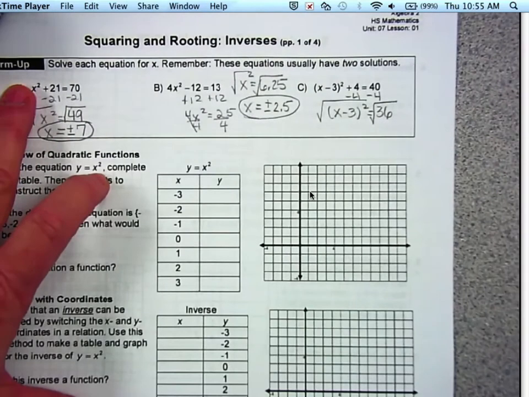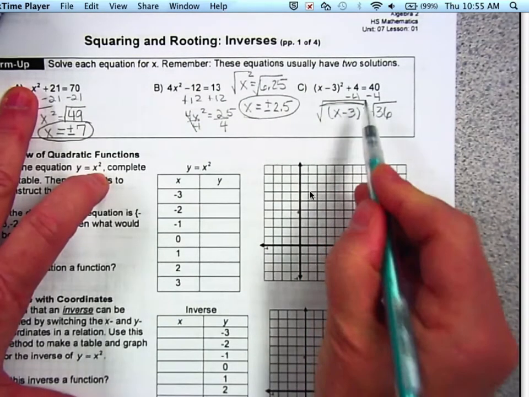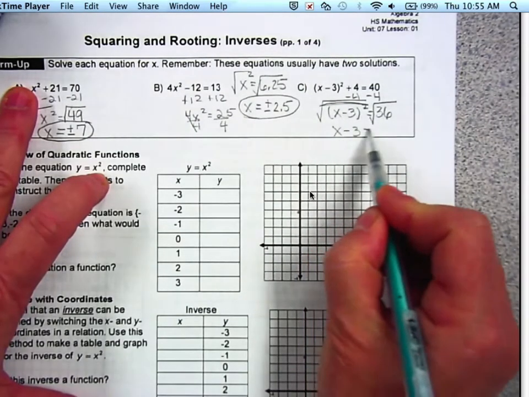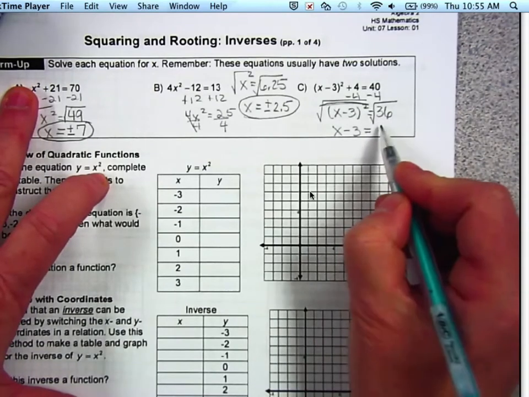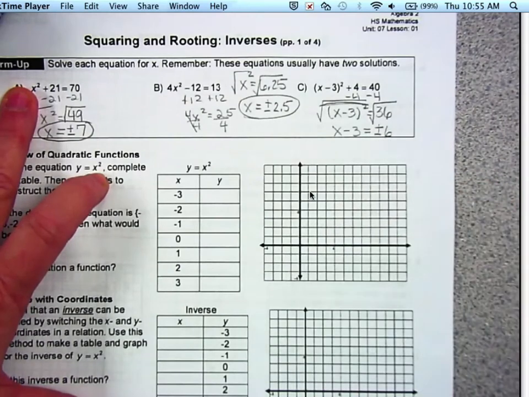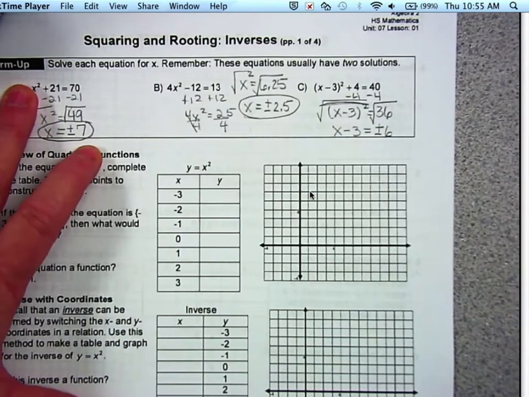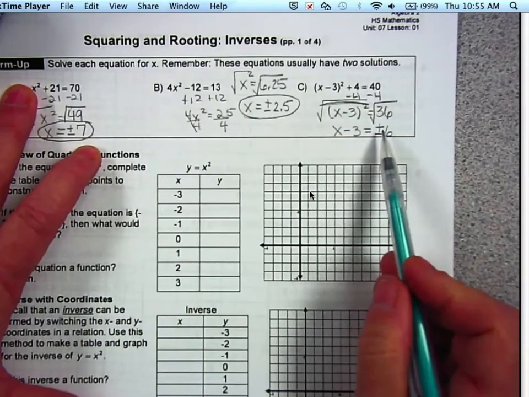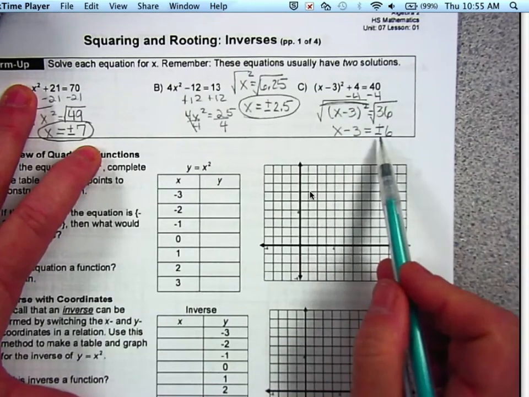Okay, and then the square root of x minus 3 squared, this square root and the square cancels, and you just have x minus 3 equals, what kind of 6 though? Plus minus. Plus or minus 6. Okay, so we really have two problems now. We have one problem where x minus 3 equals positive 6, and then the other one would be x minus 3 equals negative 6.